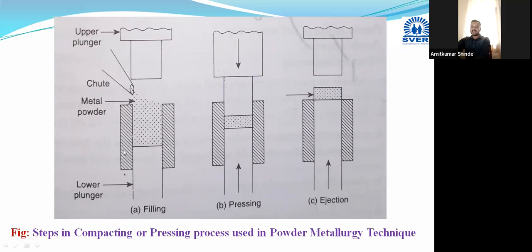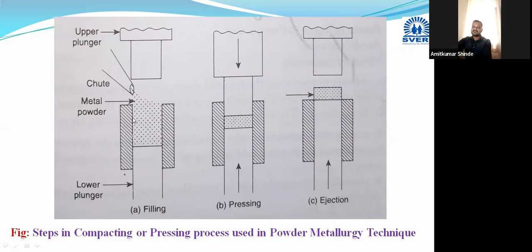This is a metal die cavity, and along with it we have two punches or plungers, a lower plunger and an upper plunger. In this we are feeding the powder with the help of one feed shoe, and the volume of this metal powder mixture can be adjusted with the help of the lower plunger by raising or lowering it.